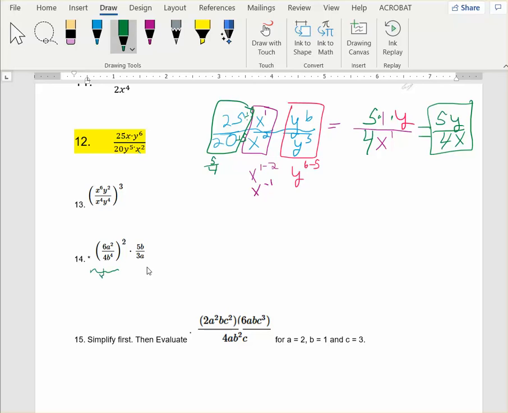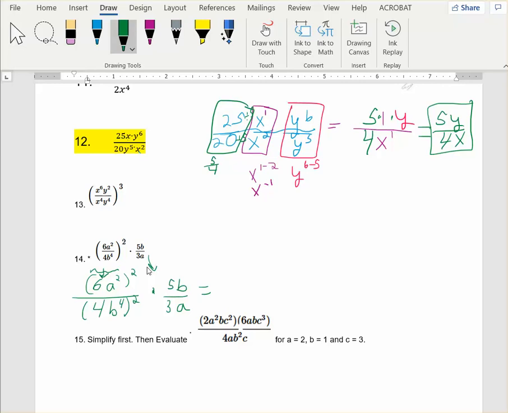So this part, we'll use the property that says if you have a fraction raised to a power, that means you have everything in the numerator raised to that power, and everything in the denominator raised to that power. And then I'm going to write this part down next to it so I don't forget about it, 5b over 3a. All right, let's simplify 6a squared to the 2nd power.